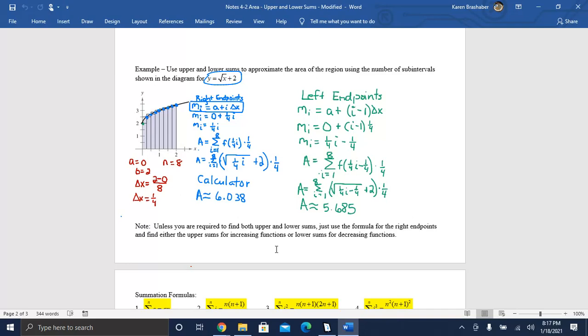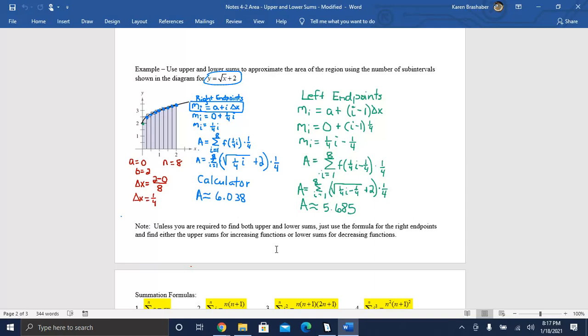So I have 1, 2, 3, 4, 5, 6, 7, 8. I have 8 blue marks. I had 8 green marks for my different rectangles that were being used. And you can see that over and underestimation hopefully taking place.